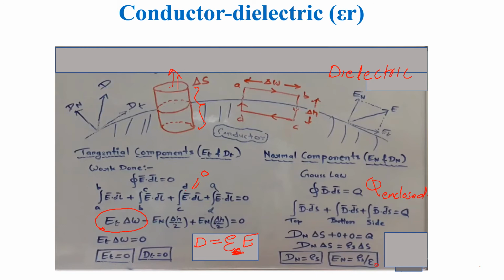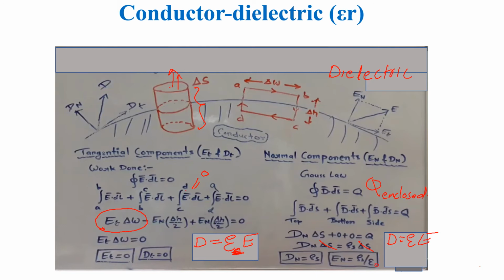That gives Q, and Q equal to the surface charge density times delta s. So that gives Dn times delta s equal to rho s times delta s, or delta s cancels from both sides, Dn equal to rho s. That's a boundary condition for the normal component, and we know that D equal to epsilon times E. Therefore, we can replace that.